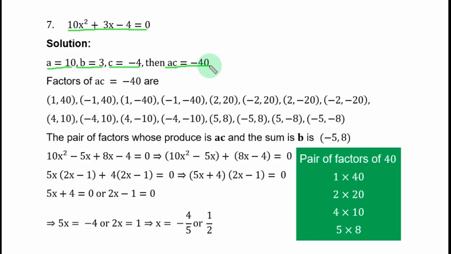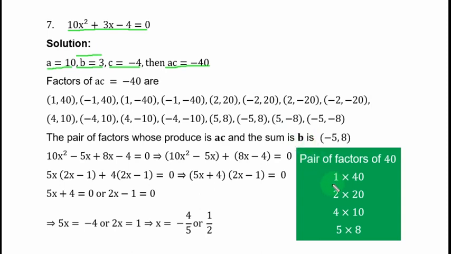So we look for the factors of AC whose product is minus 40 and the sum is 3. To achieve that, we have to list out all the pairs of factors of 40.